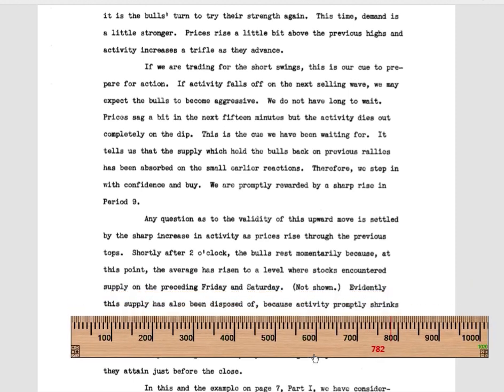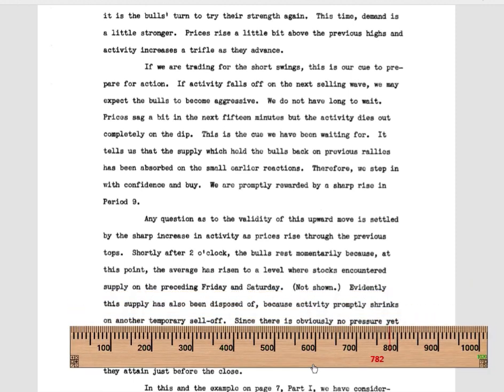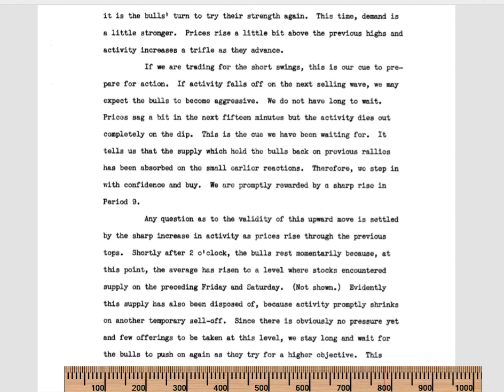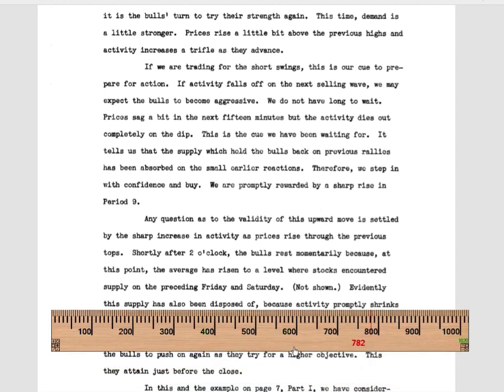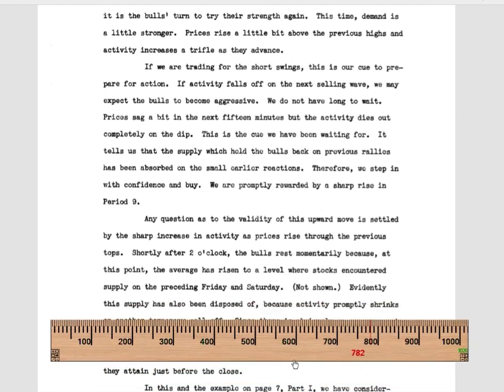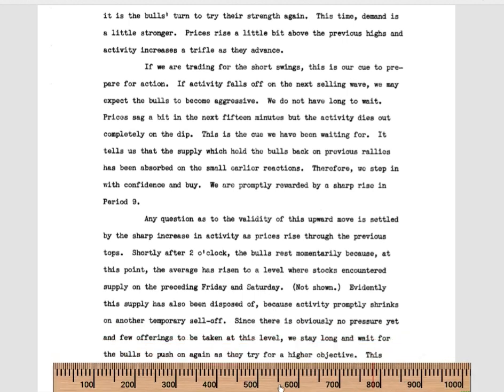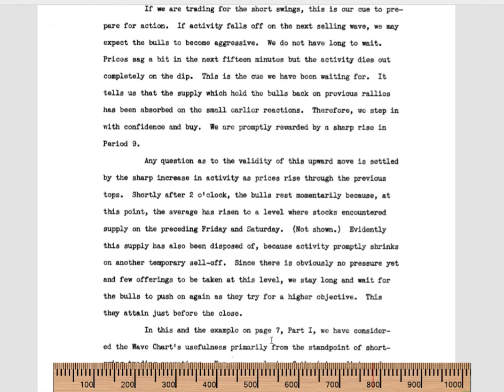So evidently the supply also had a few offerings. So now what happens? Evidently this supply also has been disposed of because activity shrinks. Every time it shrinks on the pullback, it's bullish. And this is just kind of like volume, because volume should also shrink on the pullback.